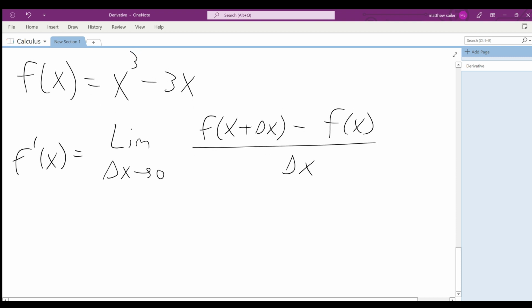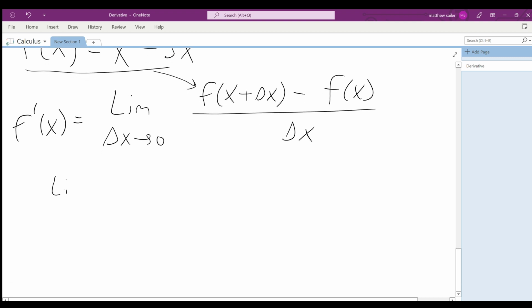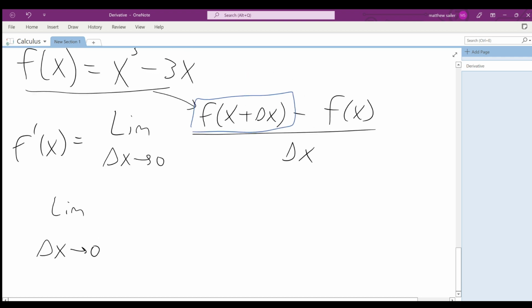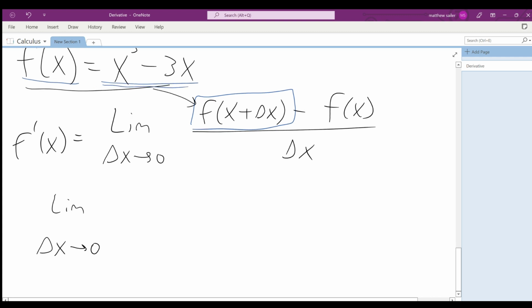So we'll do the same thing we did before. We have to plug our function into our definition. So the limit as delta x approaches 0, and I'll use colors again. I used blue last time for this piece, x plus delta x. Using our definition, we're going to plug in x plus delta x into this function of x cubed minus 3x.